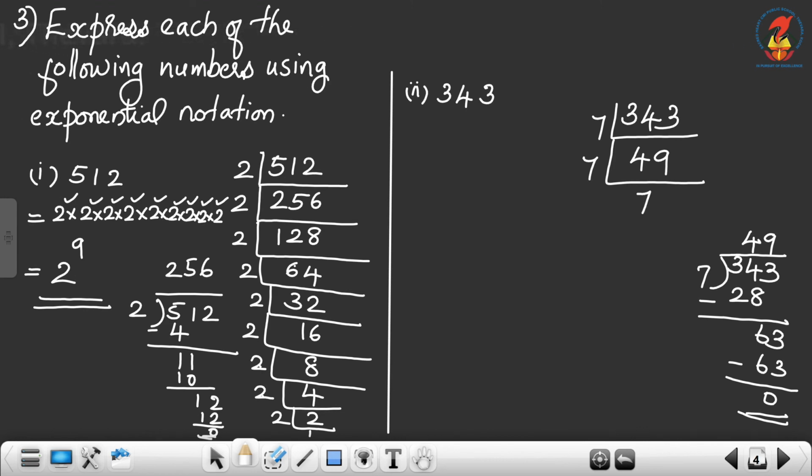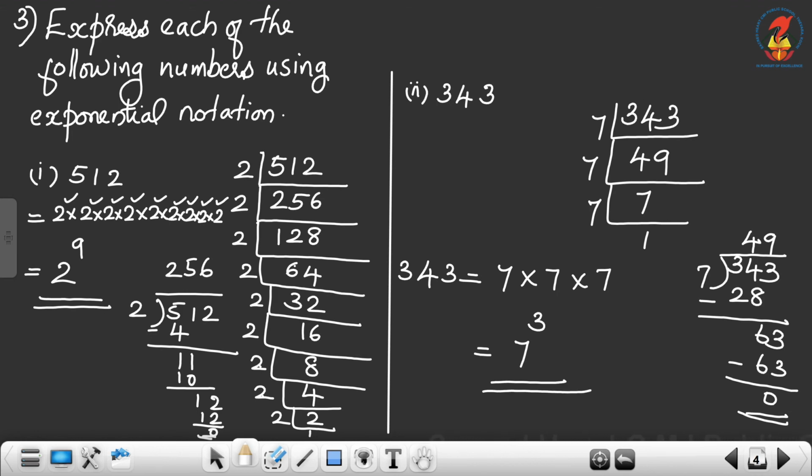Then with the 7, 1. Therefore 343 is equal to 7 into 7 into 7, equal to 7 raised to the power 3, that is 7 cubed.